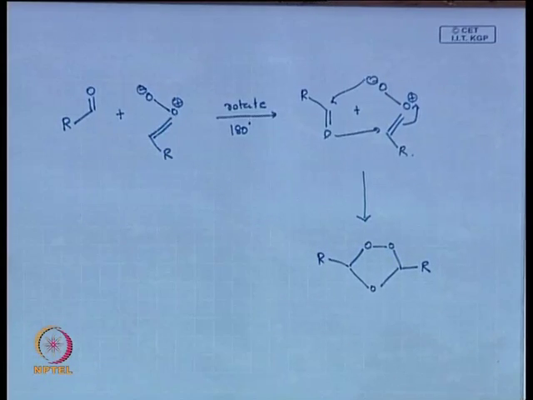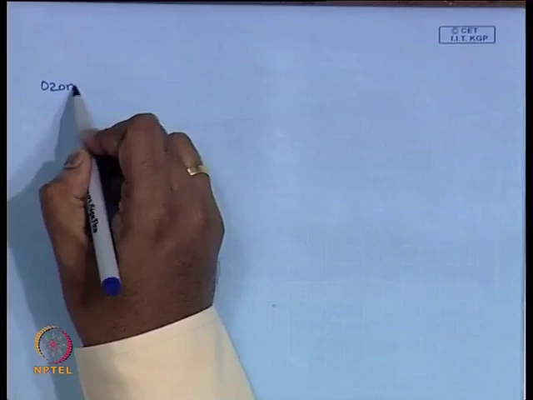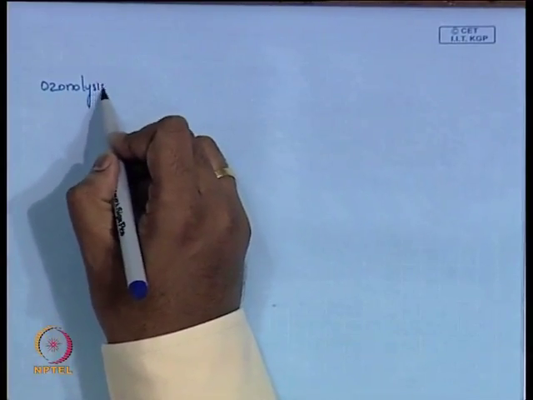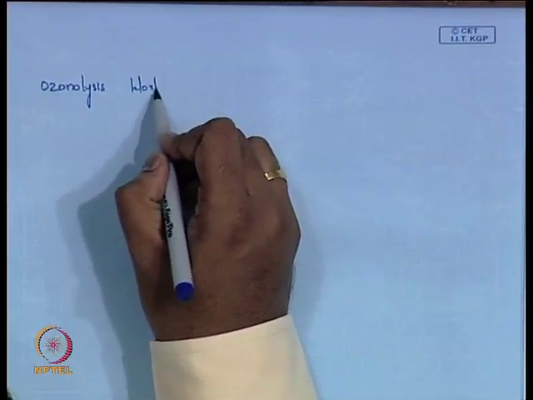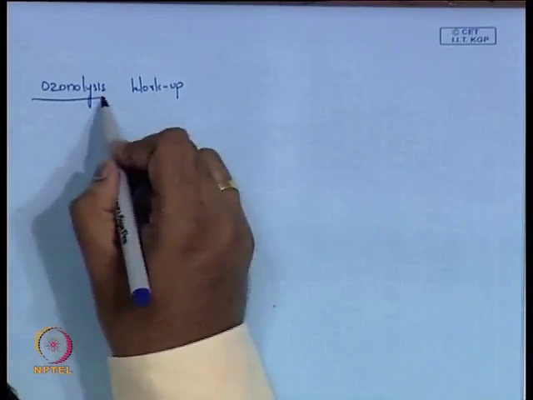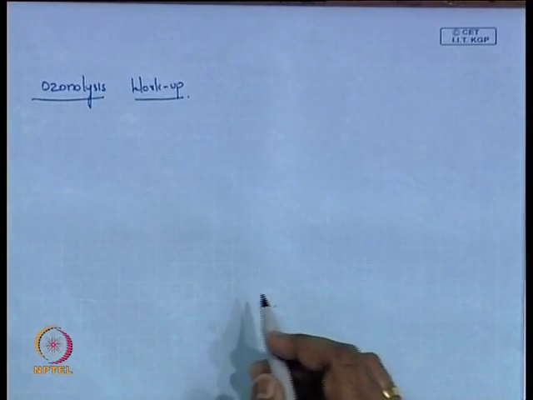Now, after making this type of ozonides, the ozonolysis workup is much more interesting, because that is not your product. How do you work up ozonolysis normally?